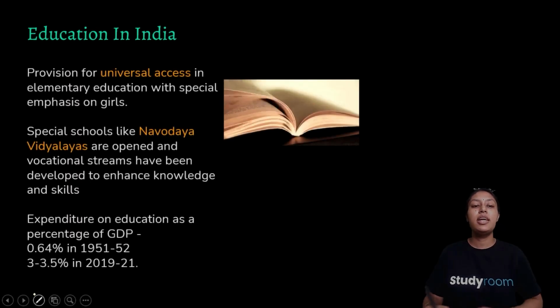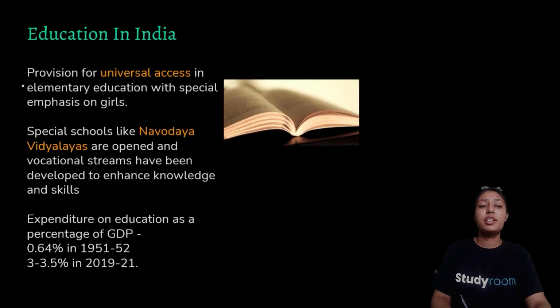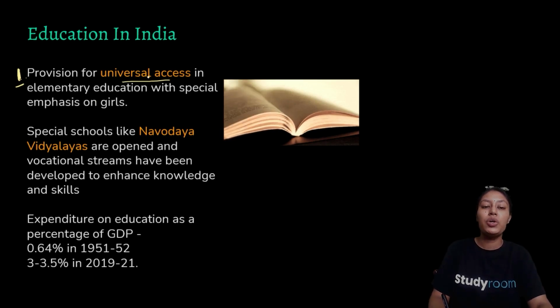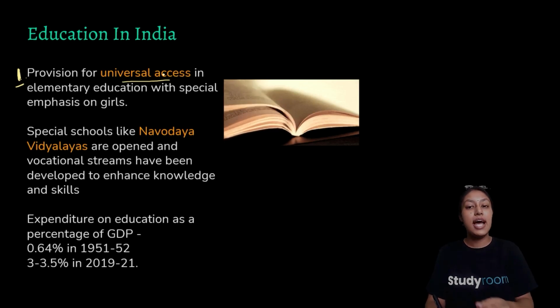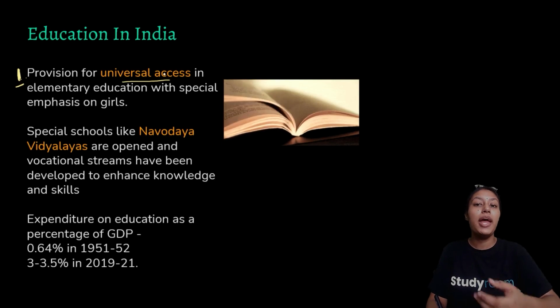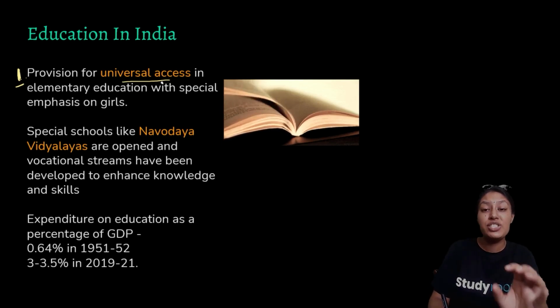Now let's study about education in India. Let's understand what is the condition of education in India. The first point here is provision for universal access in elementary education. Universal access means that it is accessible to a child from every strata, at least the elementary education.